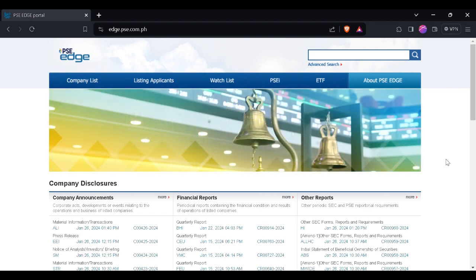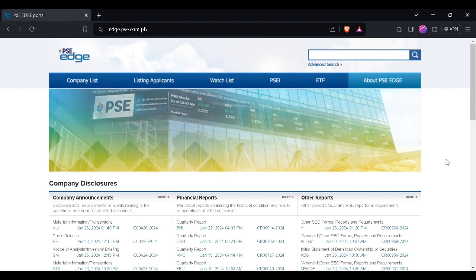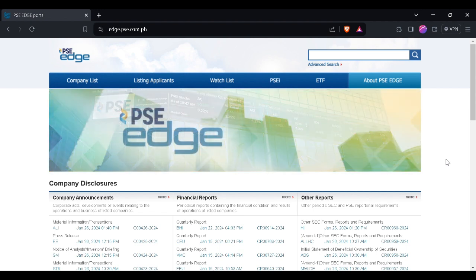So let's go back to the price to book ratio, or PB ratio for short. Now, how do you determine if a stock is overvalued or undervalued using the PB ratio only?